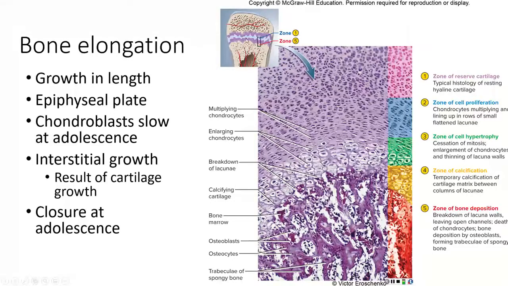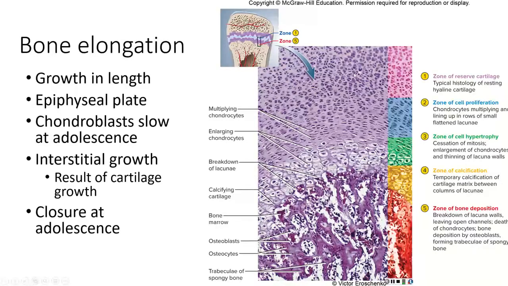At the other end of this bone, we would see the exact same thing, but it would be upside down from what we see here. So in the top of this picture, this is closest to the epiphysis, the end of the bone. And as we move down this picture, we are moving more towards the diaphysis, the shaft of the bone.